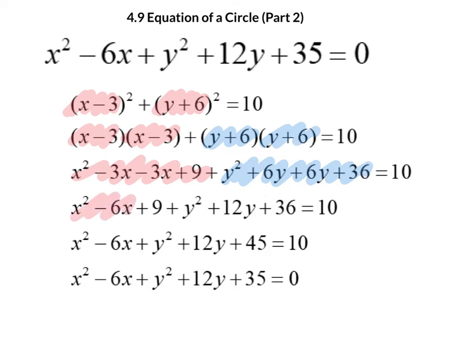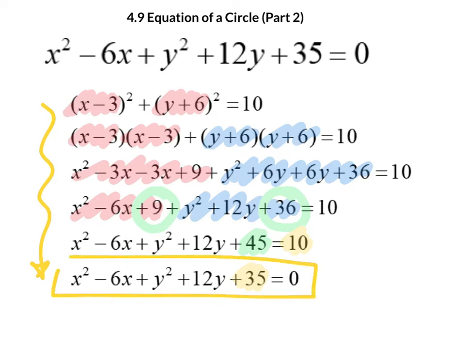This grouped up a little bit. This grouped up a little bit. There was a 9 and a 36 that we could group. And then we finally moved that 10 over to give us this value. Now, ultimately, all that is just a whole lot of multiplication to get us here.